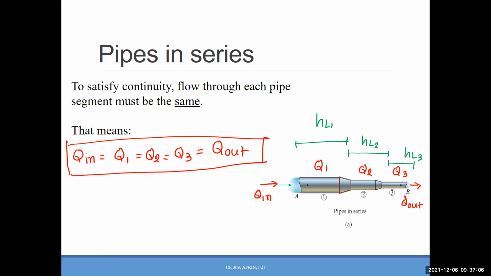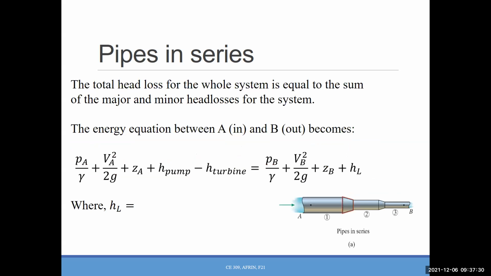So if I want to calculate the head loss from point A to B, what will be the total head loss? Do we need to add or multiply the head losses, or what will be the head loss in total? We will add them, because the longer the pipe, the larger the friction and everything; basically we are adding those. So that is our second principle.